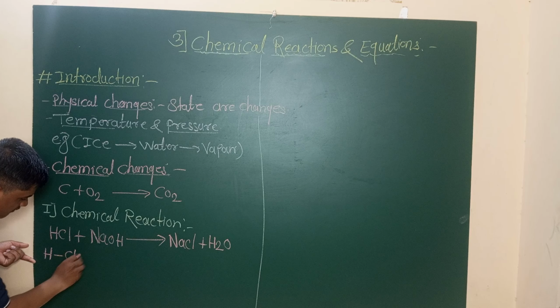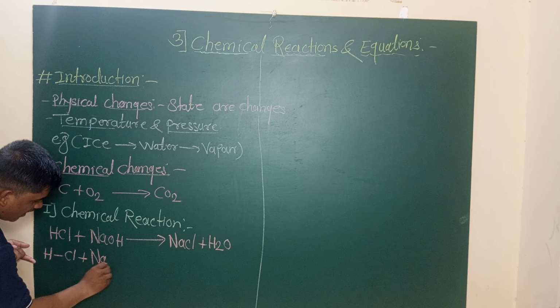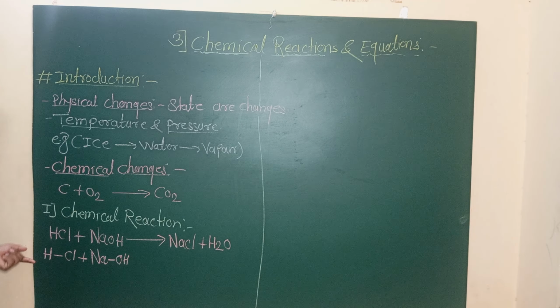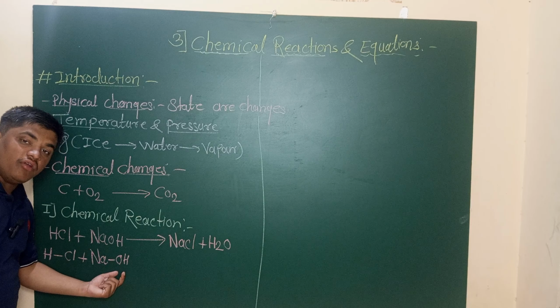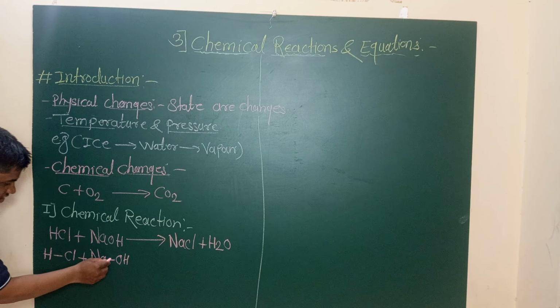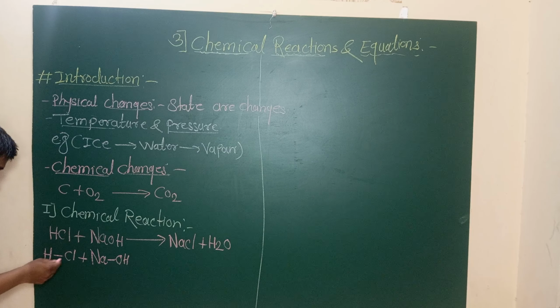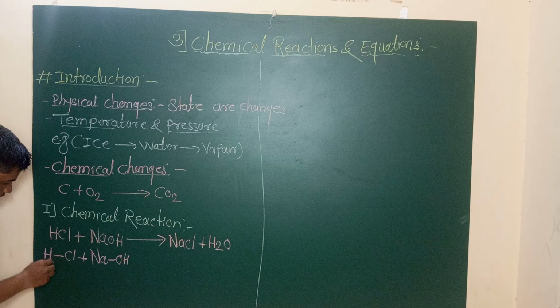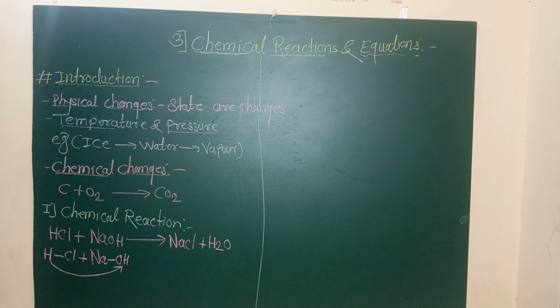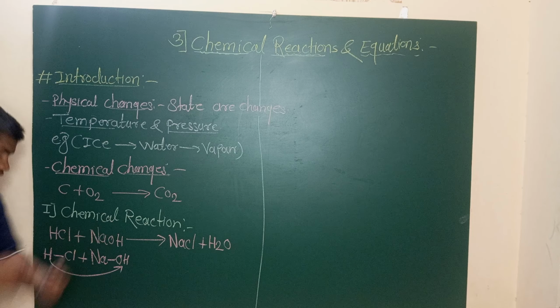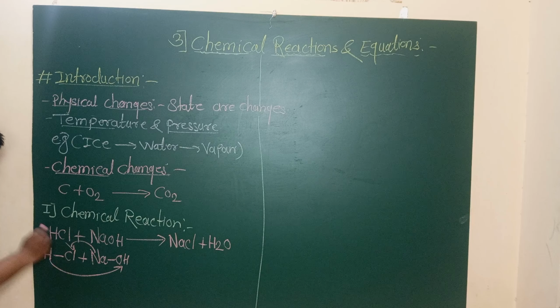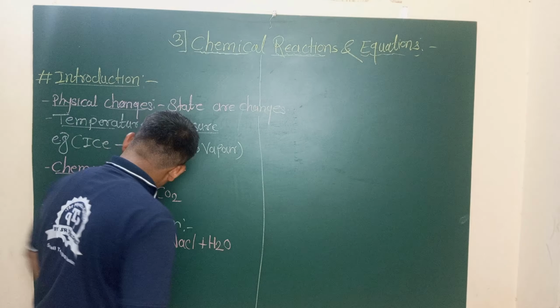Hydrogen is bonded with chlorine, and the sodium atom is bonded with the hydroxide. In the chemical reaction, the bond between sodium and hydroxide breaks, and the bond between hydrogen and chlorine also breaks. Hydrogen forms a bond with the hydroxide, OH, giving H and OH. New bonds are formed, and sodium forms a bond with chlorine.